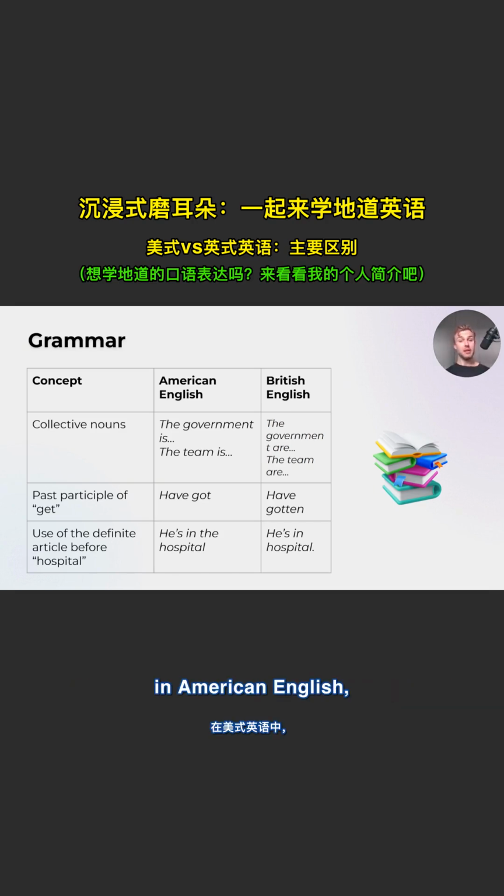Now, in American English, these collective nouns are singular. For example, the government is, or the team is. But in British English, they often put these in the plural. The government are. The team are.